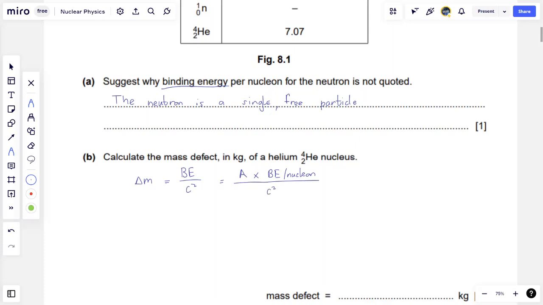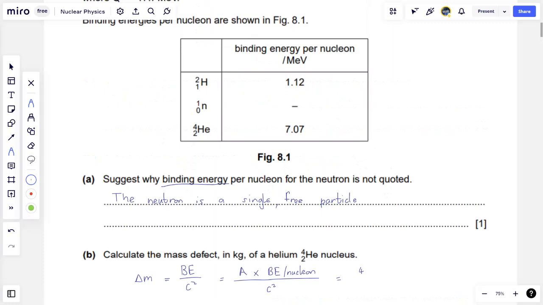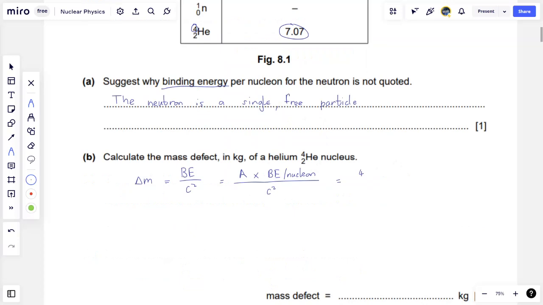I then divide that by c squared, and what do I get? Now these values are known. I have 4 nucleons in helium-4. Each nucleon requires 7.07 to place into the nucleus or to remove from the nucleus.